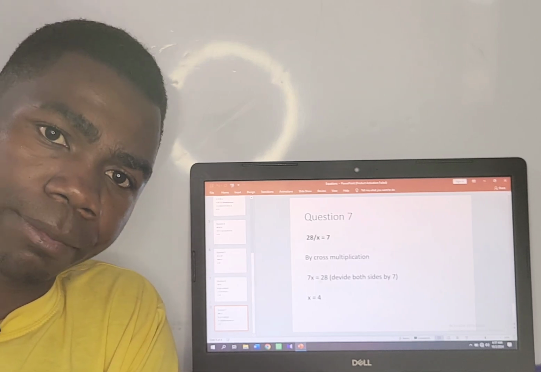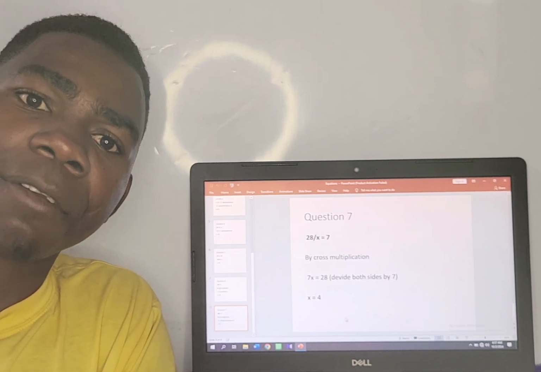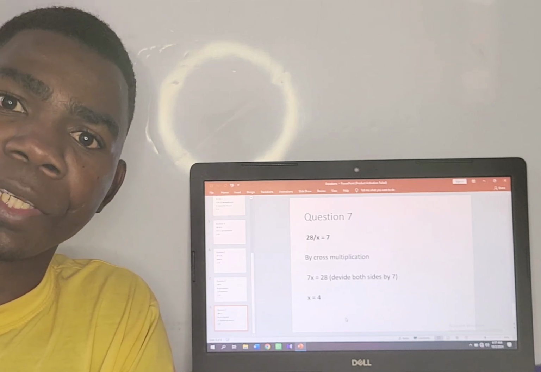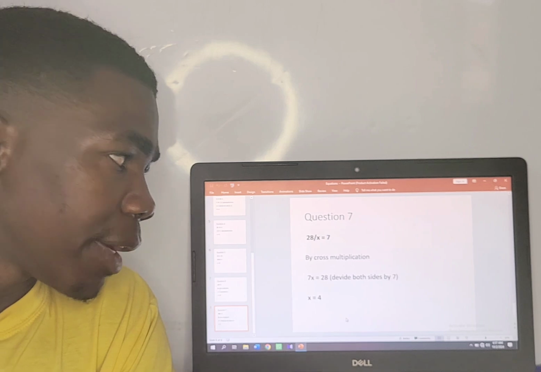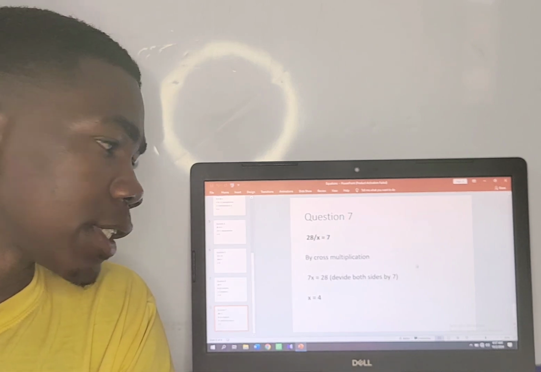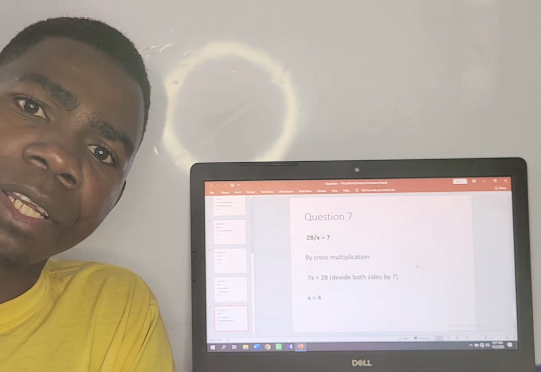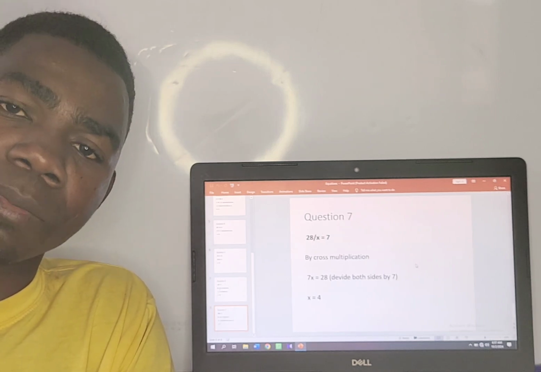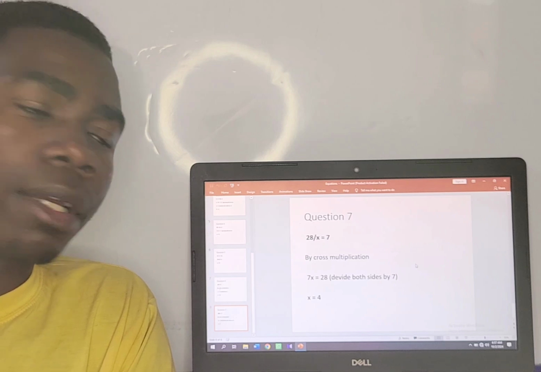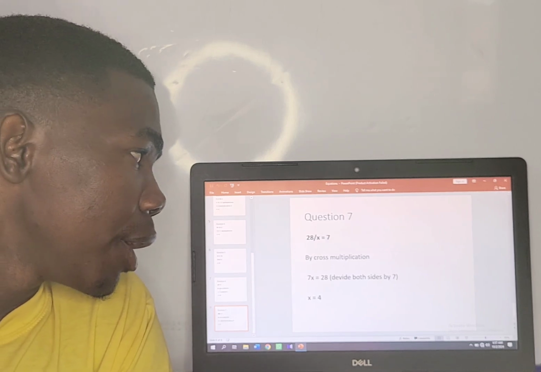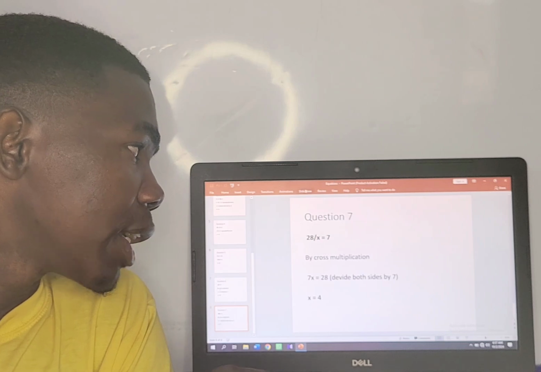Since we have a fraction, note that whenever you are given a fraction and asked to solve that equation, you have to clear fractions first. You can clear fractions by applying cross multiplication, or even by multiplying both sides by the lowest common denominator. But here we want to apply the cross multiplication concept.